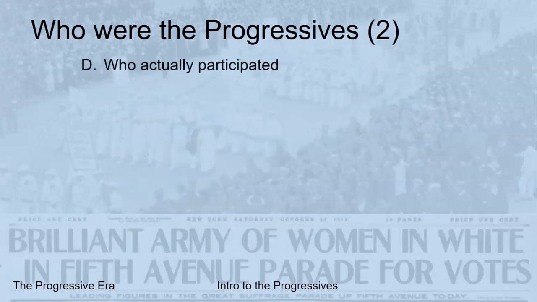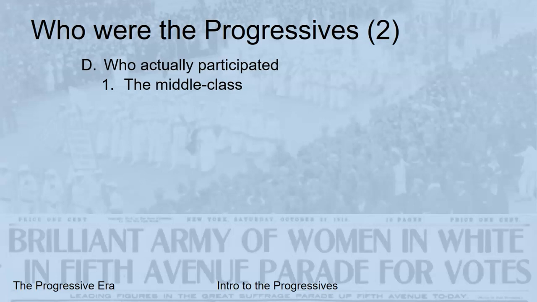So, who actually was on the ground, what we say boots on the ground, doing all the work of the progressives? Well, it actually ends up being the middle class. The middle class are the ones that were marching, doing everything. There were wealthy people who supported it, and they supported it financially.